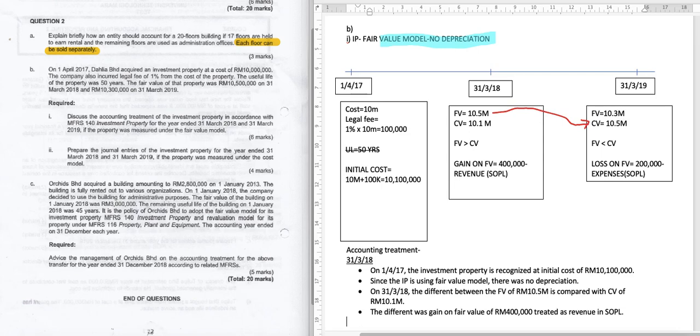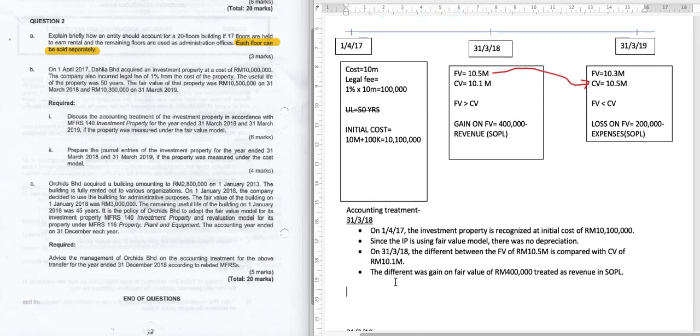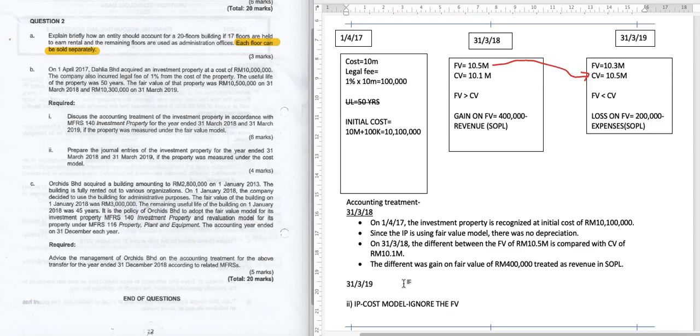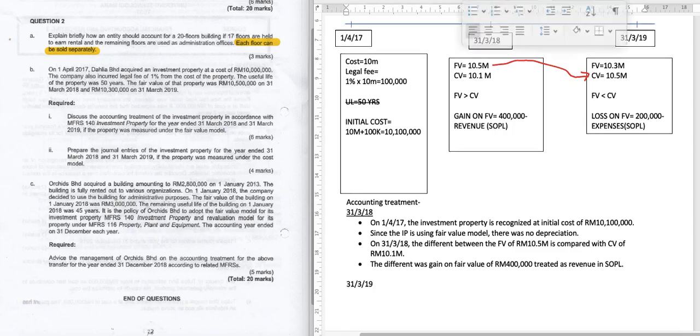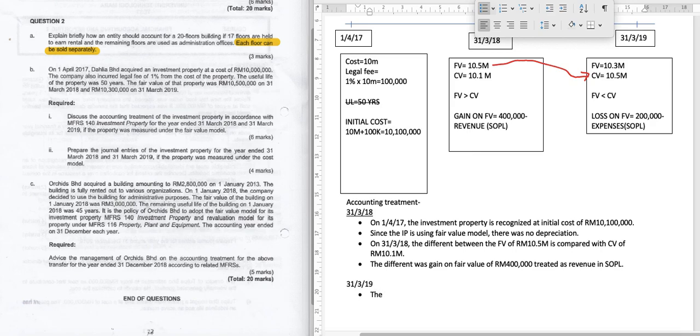Okay, alright, next for 31st March 19. Okay, 31st March 19. The fair value of RM10.3 million is compared with the carrying value of RM10.5 million.